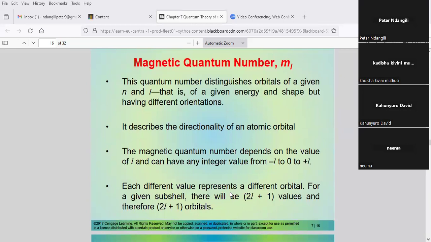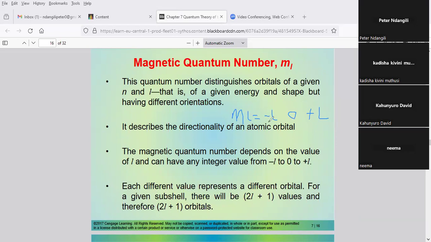And how are we going to get the values of ML? The values of ML are going to come from the values of L. And how does that happen? The values of ML will be equal to negative L through 0 all the way to positive L. This is the L which is going to generate ML.